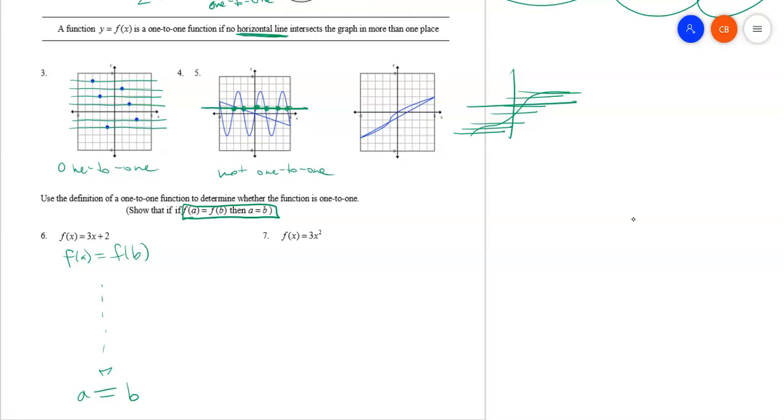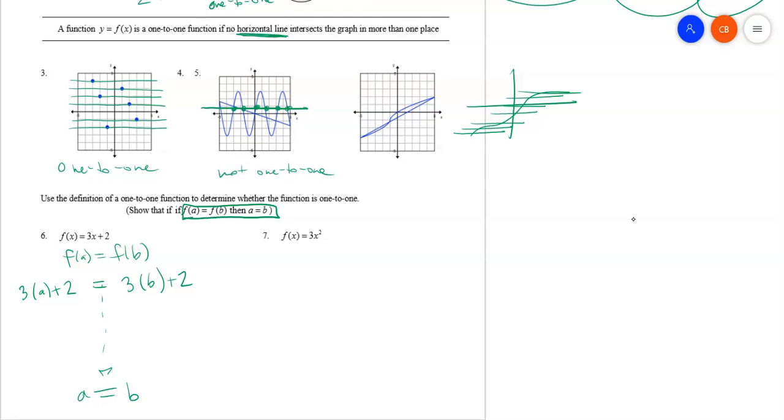What is f of a whenever f of x is 3x plus 2? Of course, we should just plug in a: 3a plus 2. And then we're plugging in b as well for x, so 3b plus 2. We're looking at this one, trying to simplify and see if there's a way we can twist this around and end up having a equals b.